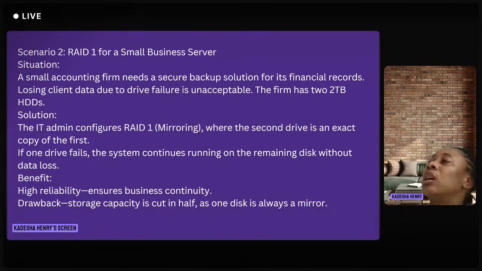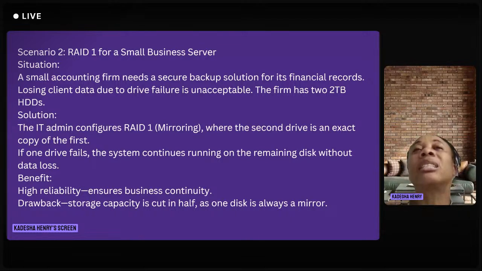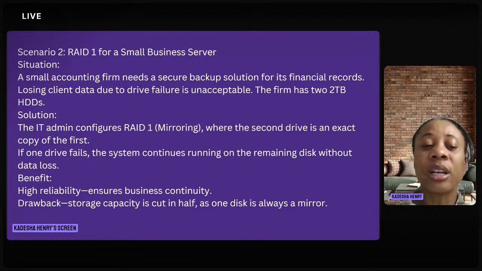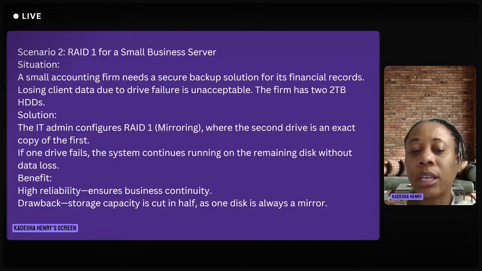The load will be distributed to the other devices on the network, so it won't affect the running or the operation. It's called business continuity. So once one fails, it continues to run on the other disk without any data loss, right? So in RAID 1, there's higher reliability because it ensures business continuity, right?